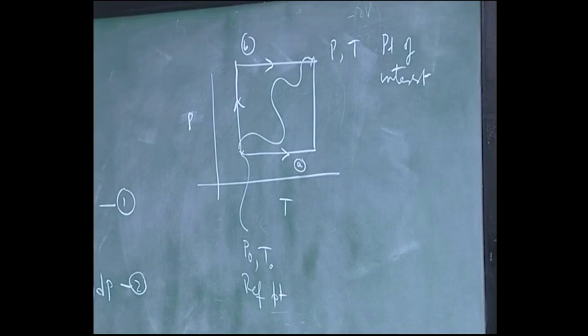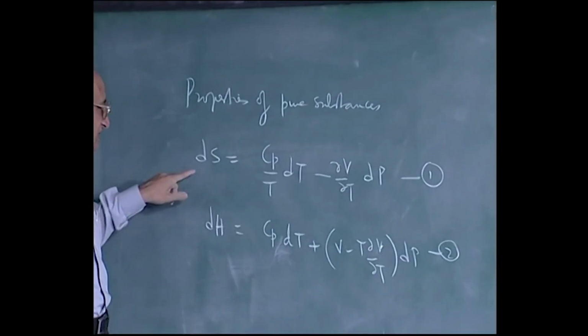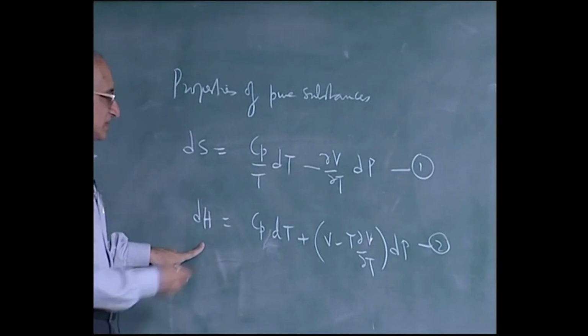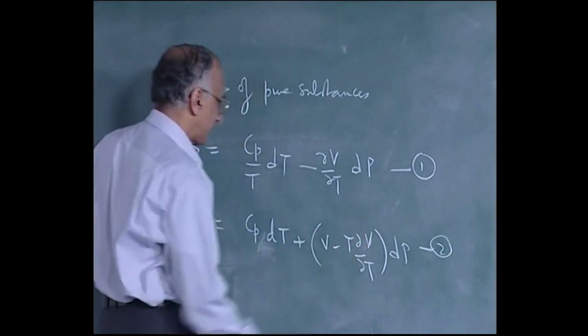We have to look at what information you need in order to do the integrations. Let us take a look at the enthalpy equation; the arguments are very similar for entropy anyway.